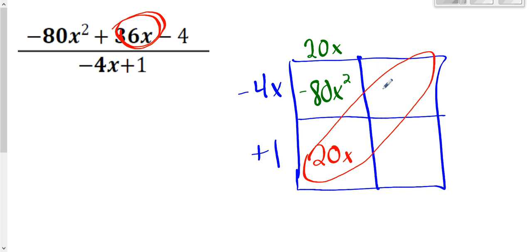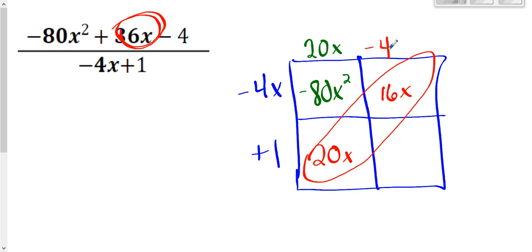So this has to be 16x. So I'm looking now for what times negative 4 would give me positive 16. So hopefully we can determine that that is negative 4. So negative 4 times negative 4 is positive 16. And negative 4x times negative 4 is positive 16x.